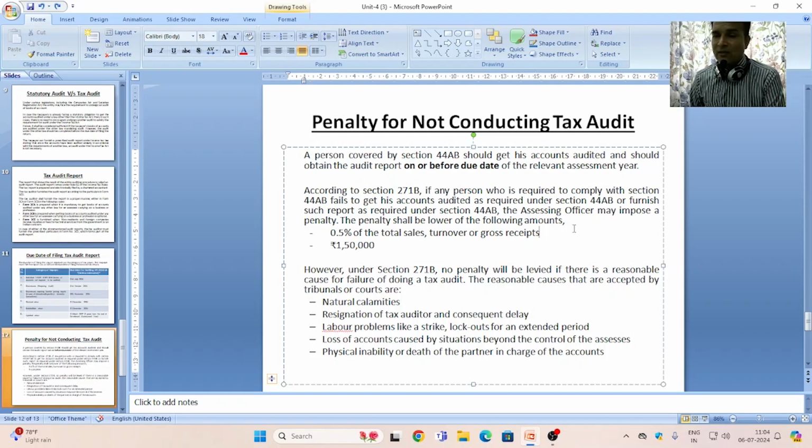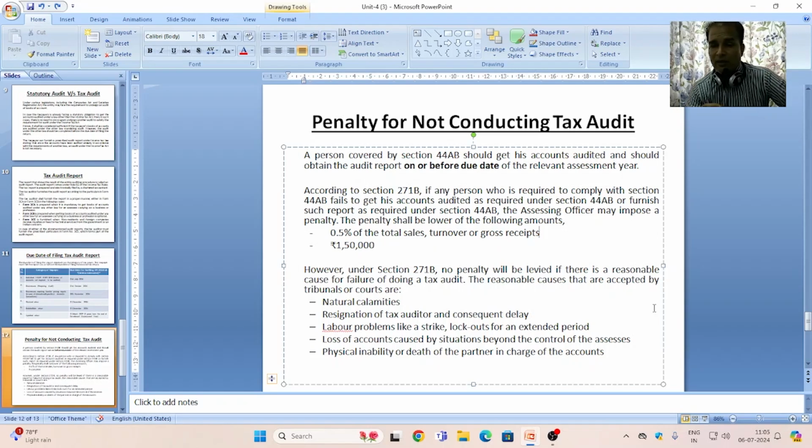on the taxpayer or SSC. For which type of SSC? Who is required to get his books of account audited, but he did not do so. He didn't get his books of accounts audited. However, under section 271B, no penalty will be levied if there is a reasonable cause for failure of doing a tax audit.